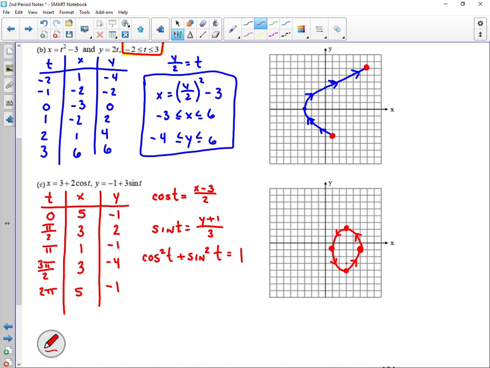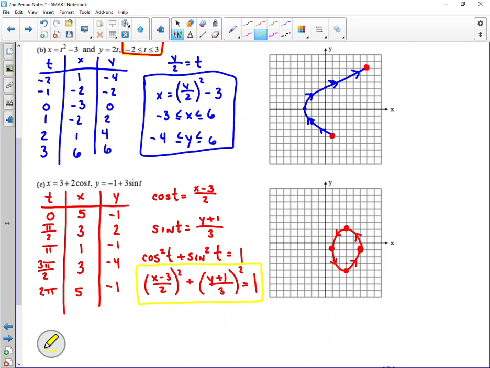And that's cosine t, so it's x minus 3 over 2 squared plus y plus 3 over 3 squared equals 1. And that's the equation of an ellipse, right? You remember this from Algebra 2?